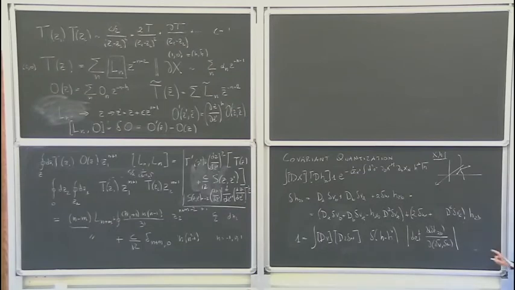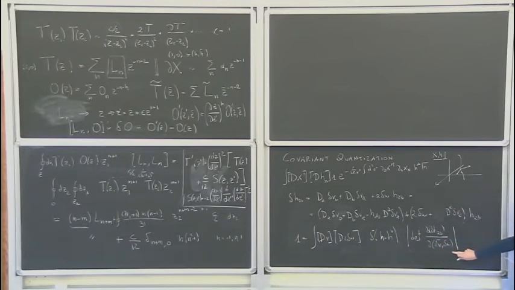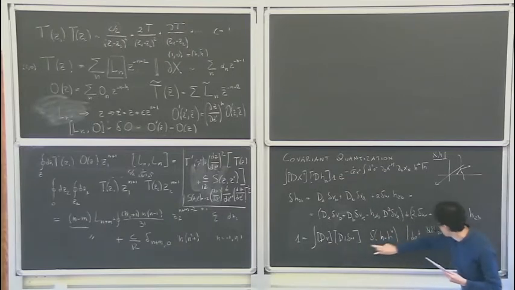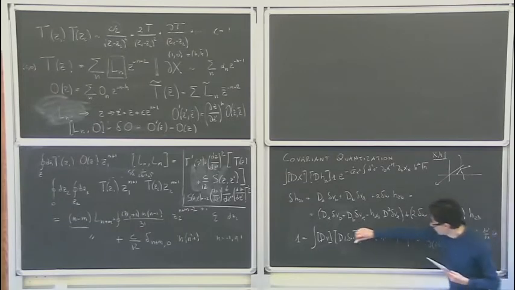Okay, so how does it work? If you take this bit and you combine with this determinant, so this is exactly the Jacobian that changes the integration over v and omega into an integration over h. Right, so this is exactly like saying dx prime is dx prime over dx times dx. Right. So you can cancel this one with this one.